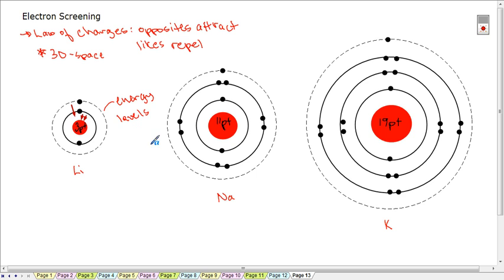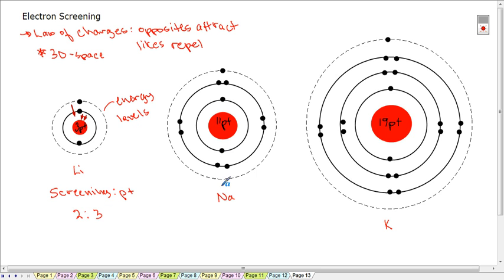Now as we go down another period, or another row in the periodic table, we add another energy level, and it's full. And if we look, we can set up a simple ratio, what I would call screening to proton ratio. So here we have 2 electrons screening 3 protons.